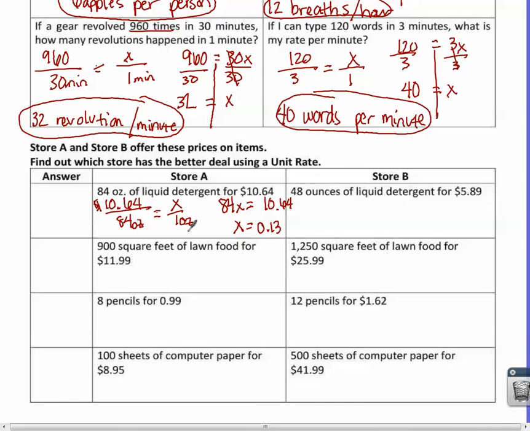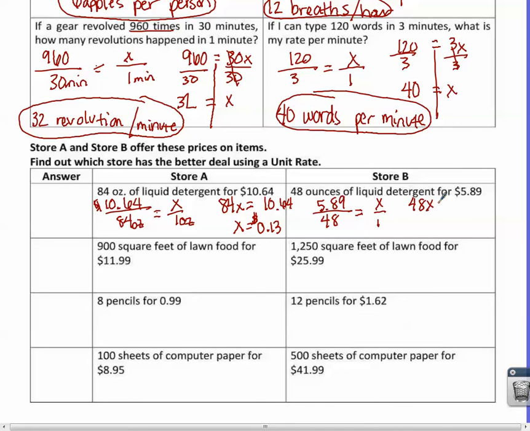Remember, it's money, so it's going to be 13 hundredths, or 13 cents per ounce. Where over here, I'm paying $5.89 for 48 ounces. How much money are you spending for 1 ounce?